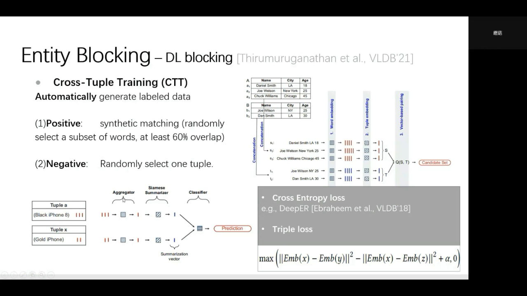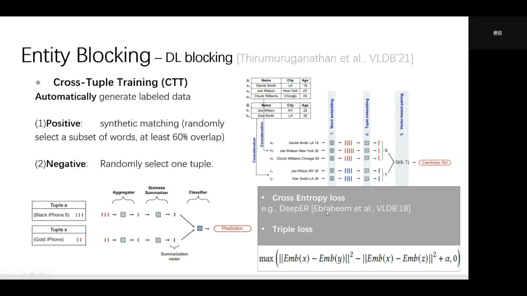An aggregator is used to transfer the matrix to a representation, and then we use the Siamese summarizer to transfer each embedding to a final dense representation, which denotes the representation of each tuple. The classifier is used to predict the binary decision.